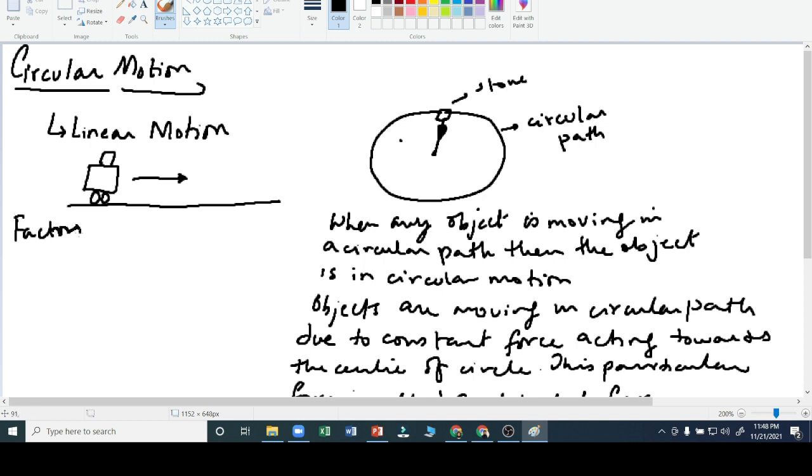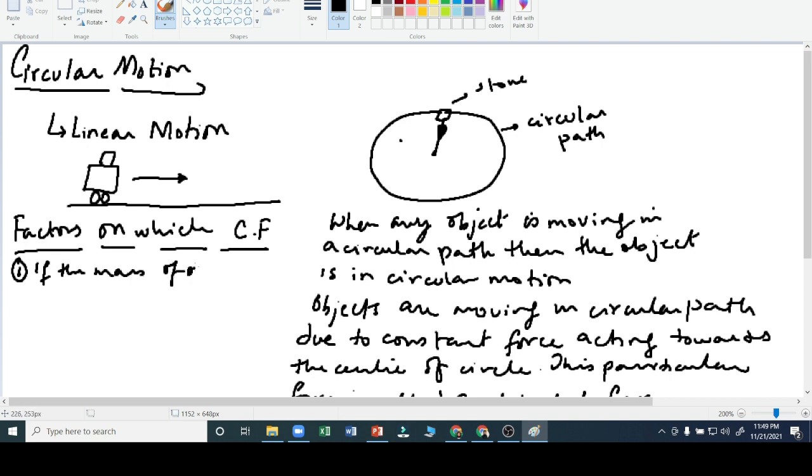Now talking about the factors on which centripetal force depends. The first is, for example, if the mass of the object increases, the centripetal force will also increase.